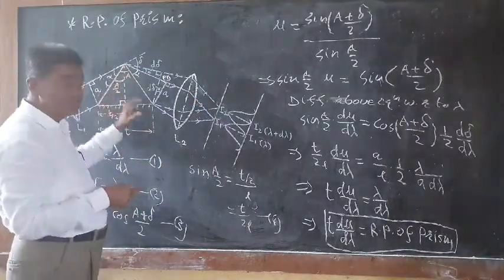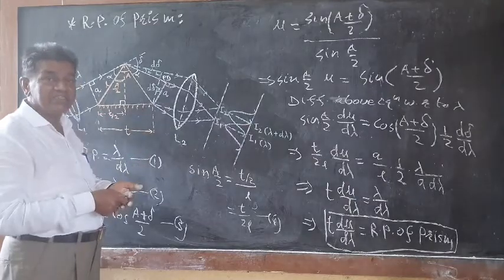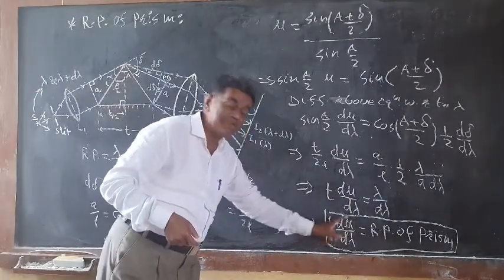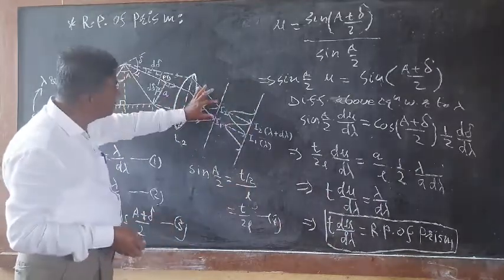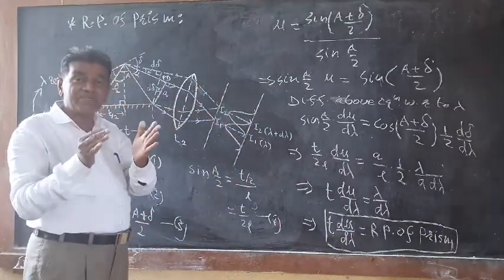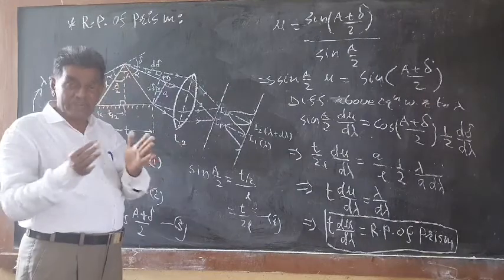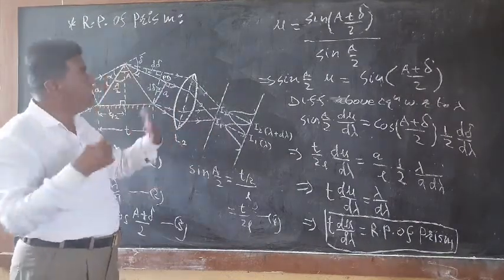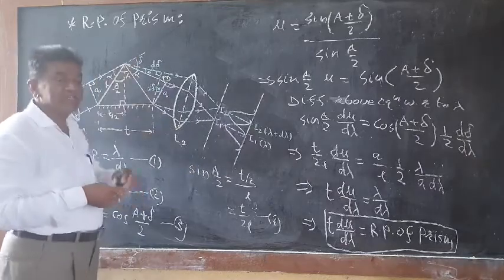The ability of the prism to disperse the rays, the RP of the prism also depends on that factor. This is because when you get a narrow spectrum, the resolving power is less. If you get a broad spectrum, the angular separation is large, then the resolving power also increases.